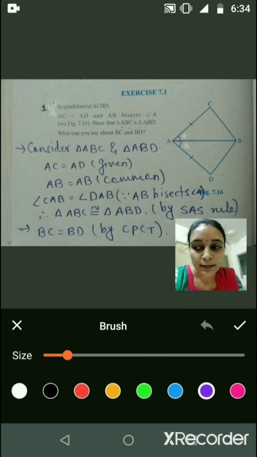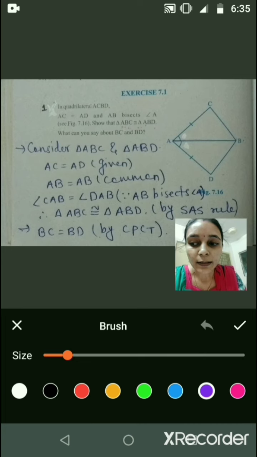In the last video, you have understood the congruence rules for the triangle. There were 4 rules I explained: angle-side-angle, side-angle-side, the RHS rule (right angle, hypotenuse and side), and the fourth one, side-side-side.